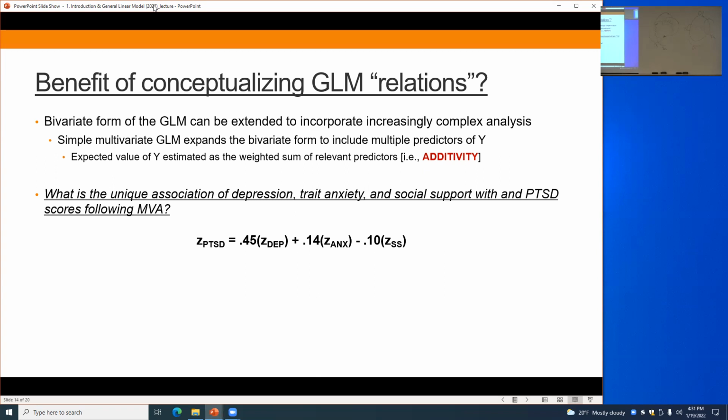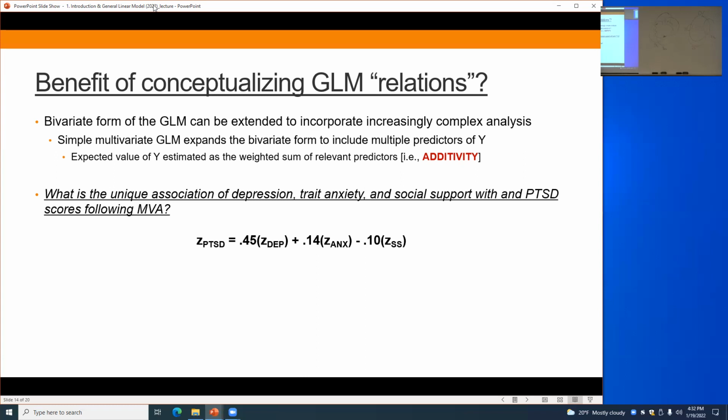And once we do that, we see some continued association of these other two. But the idea here is that depression, of this set, is a pretty good predictor. Then we add trait anxiety in, and it adds a little bit more to the predictive value. Then we add in social support, and that adds a little bit more.